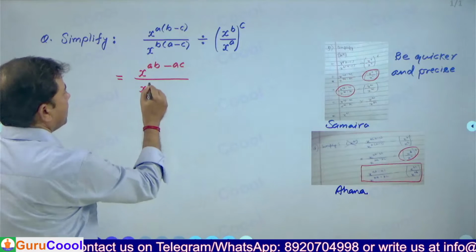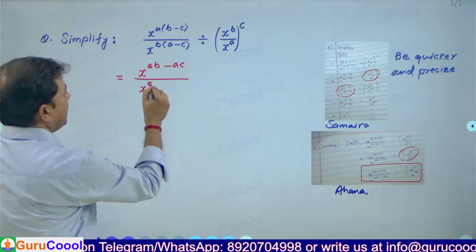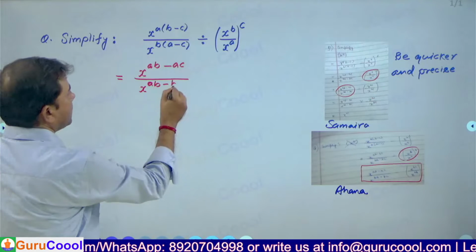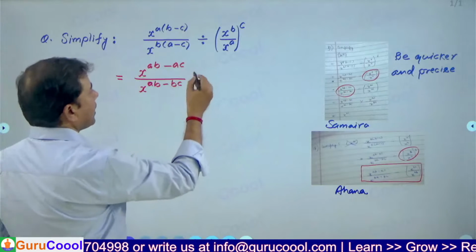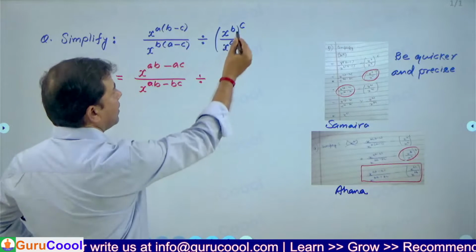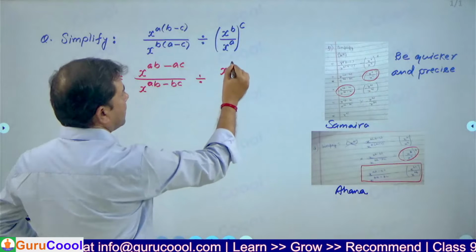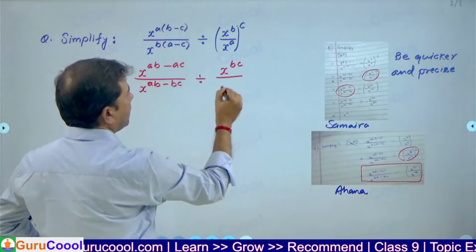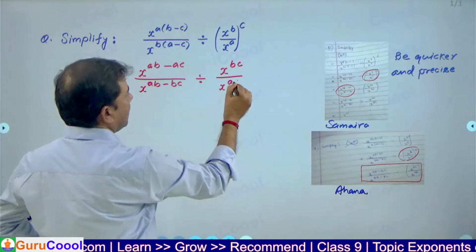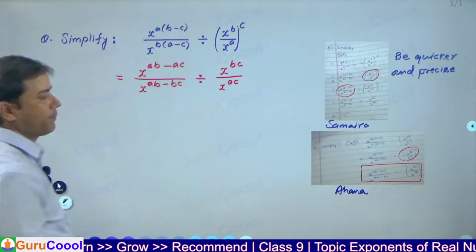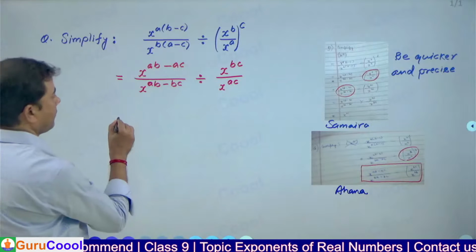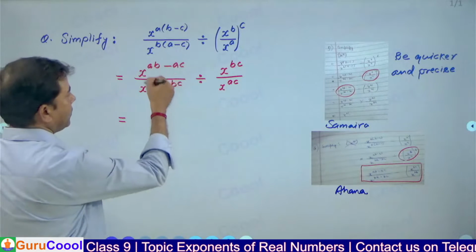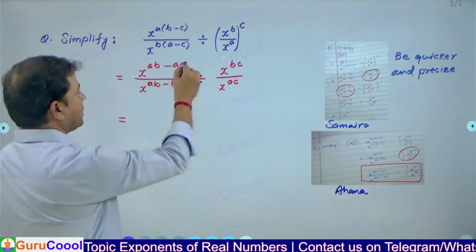x raised to the power ab minus bc. I made the same change as you made here, and after the division sign also I'll make the change: x raised to the power bc divided by x raised to the power ac. Then the first fraction, I'm making another change here.